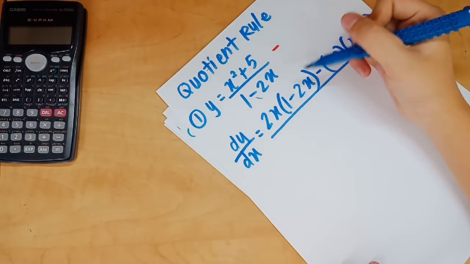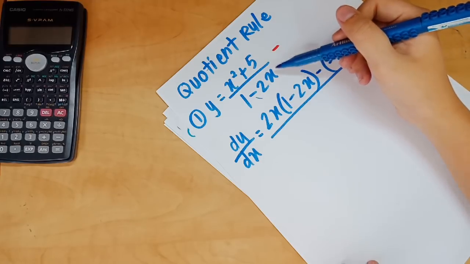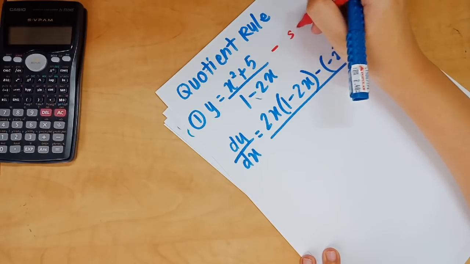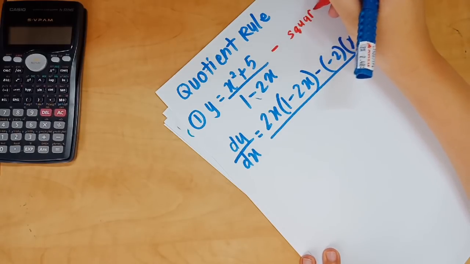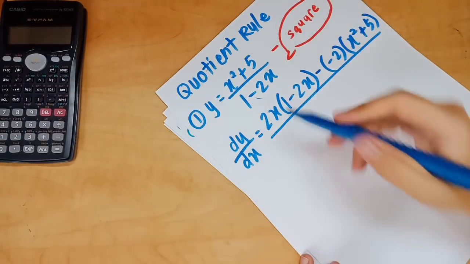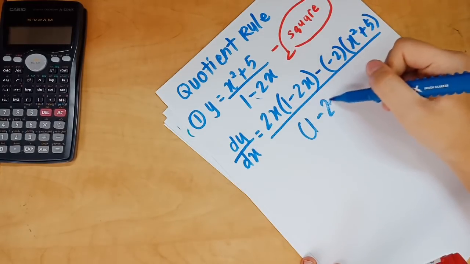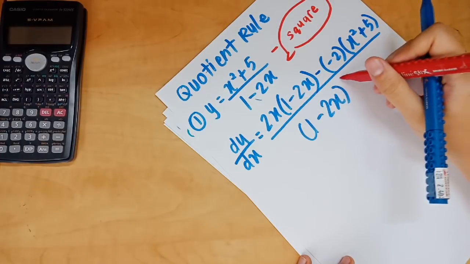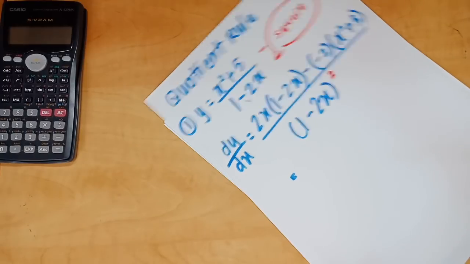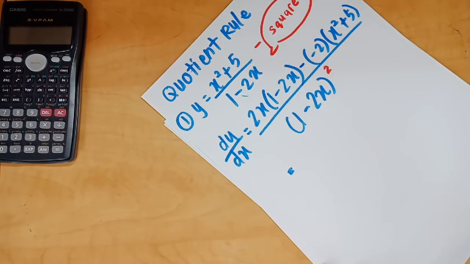So a lot of people make these mistakes of not squaring the denominator. So you just write a note here. Remember to square the denominator. Okay, so you have 1 minus 2x squared. Now you just have to expand everything and factorize again.